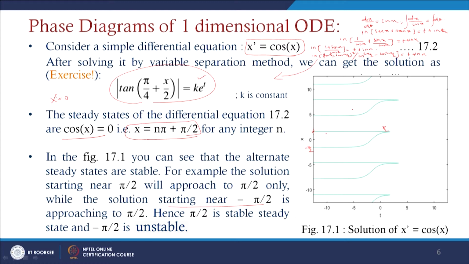Hence, we can say that pi by 2 is a stable steady state, and minus pi by 2 is unstable. Whenever we perturb any values close to minus pi by 2, it is not going to minus pi by 2, it is tending towards pi by 2. That is why we consider minus pi by 2 an unstable state.